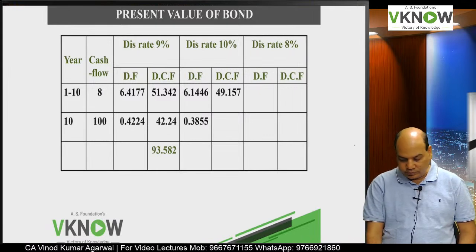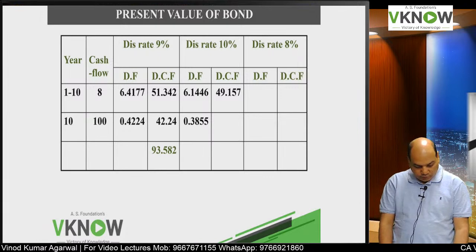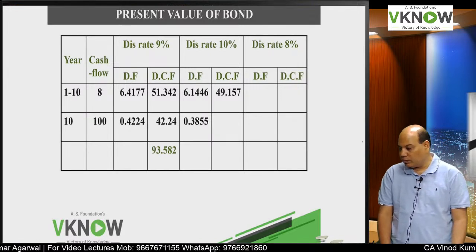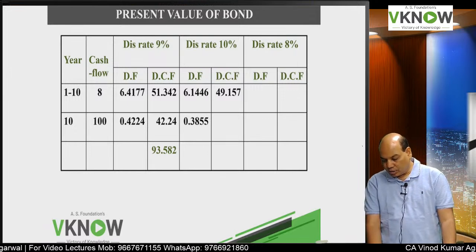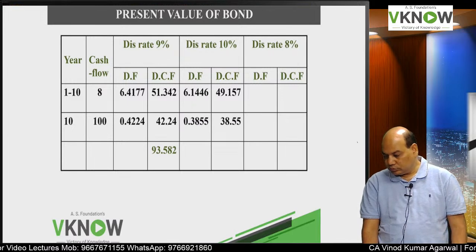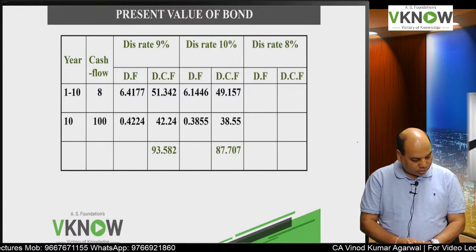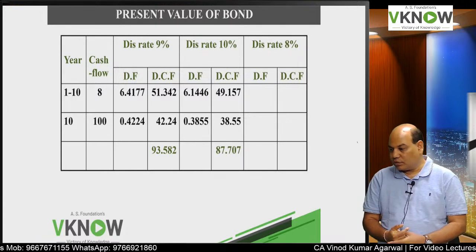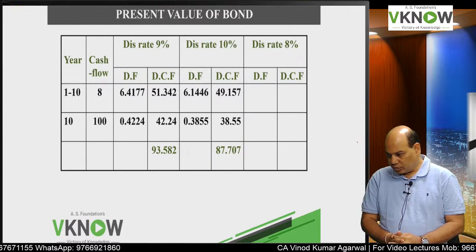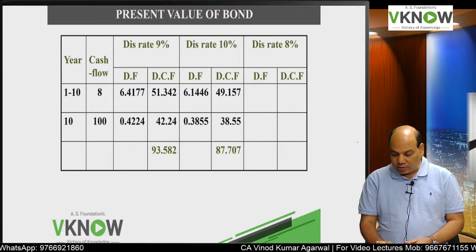So you will get 49.157, and 38.55. Take the total. Is it around 87.707? Yes or no? Yes. And now you try 8%.